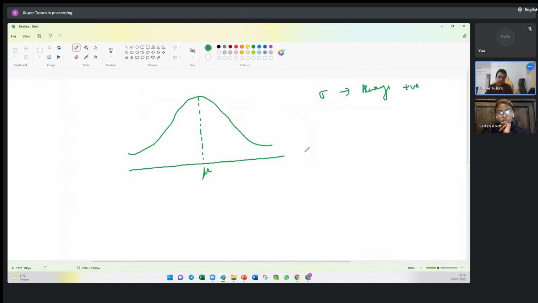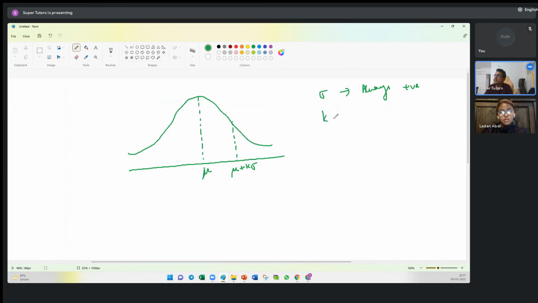So if I add a multiple of this to mu, I would land here. I'm adding something positive to mu, so I will land ahead of mu. I'm adding a kth multiple of standard deviation.